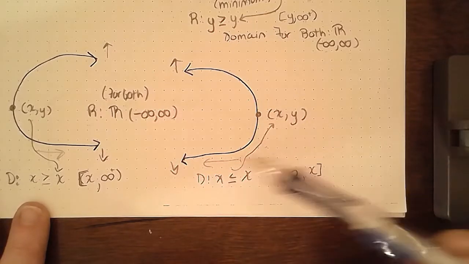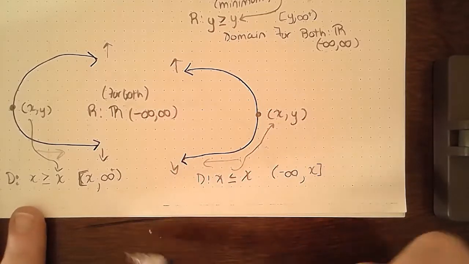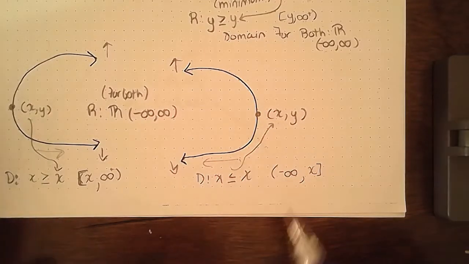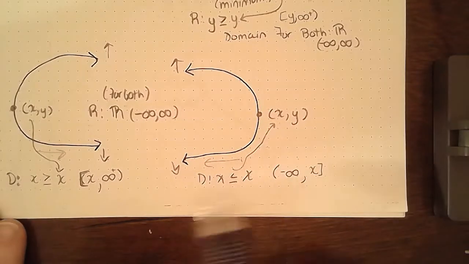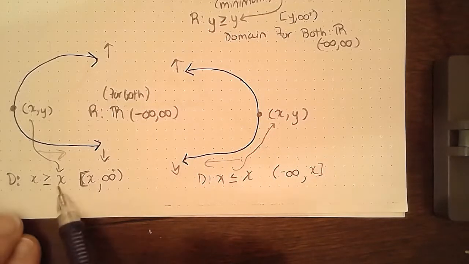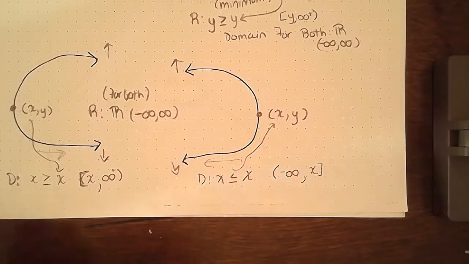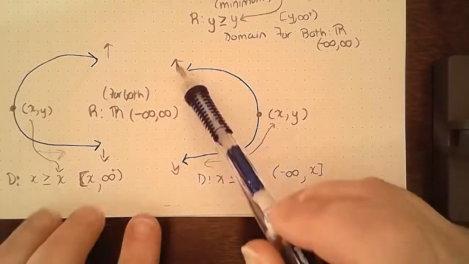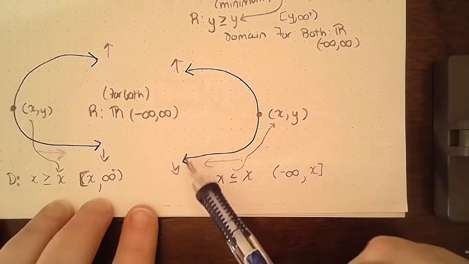So if it's going this way, it's less than or equal to, okay? And if you have a hard time understanding this set builder notation, just concentrate on the less than or equal to and greater than or equal to first, and we'll get to that later, okay? The range is what goes on forever and ever because it keeps going down forever and ever, and these arrows are a big indicator of that.